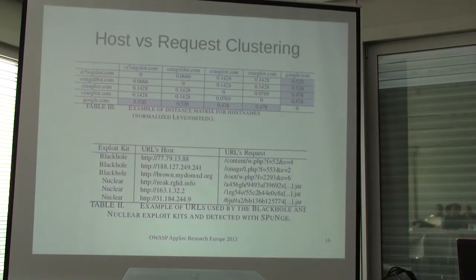For example, Blackhole has a request of this form: a PHP script with just a single letter, and parameters called F and E. Nuclear instead is a jar with a long ASCII file name. Here we do some clustering on the requests, and even if the hosts are different, we can group together these 3 URLs belonging to the same cluster that we label as Blackhole, and these 3 to another one that is called Nuclear.